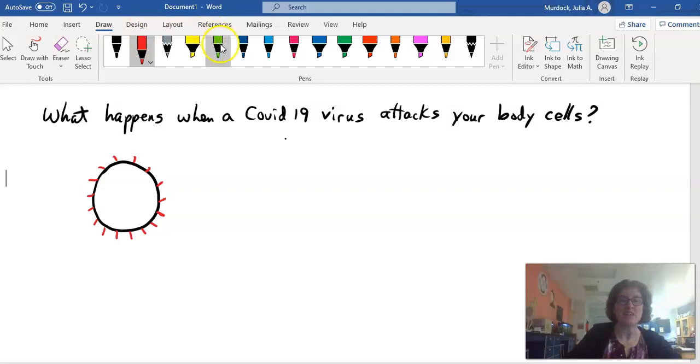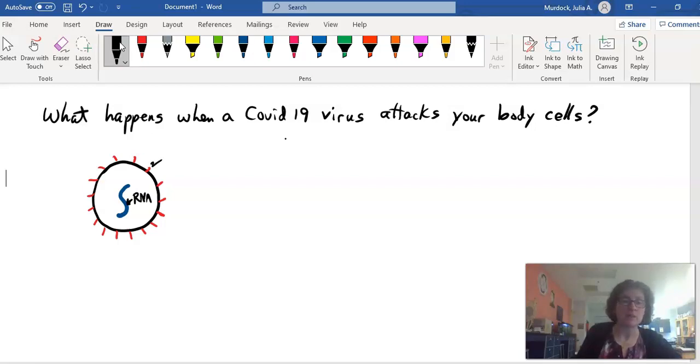And then inside a virus, just like inside any virus, you also have some genetic material. In the case of flu viruses, that bit of genetic material that I've just drawn there is RNA, because this is an RNA virus. So this is a strand of RNA, which is the genetic material of this COVID-19 virus.